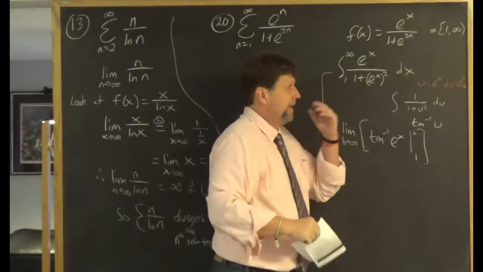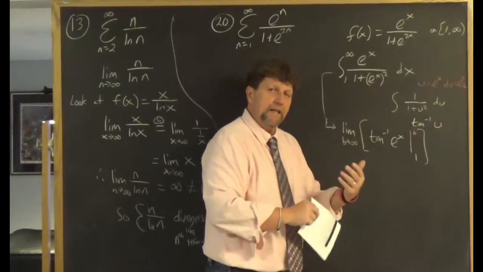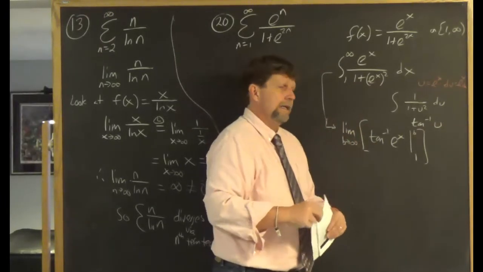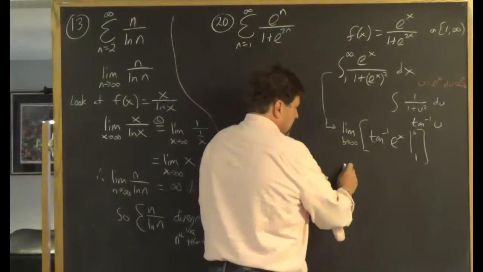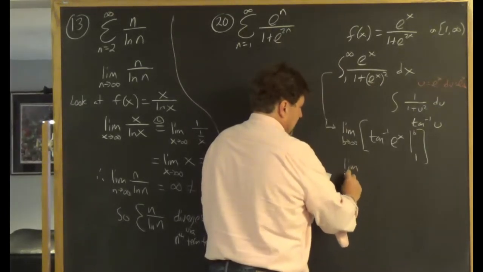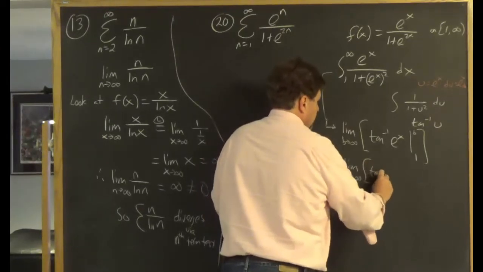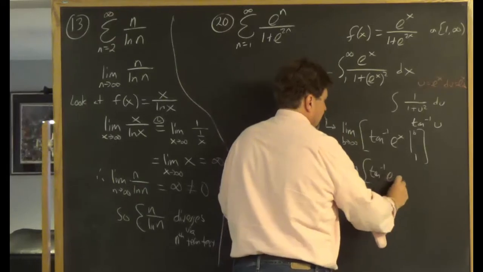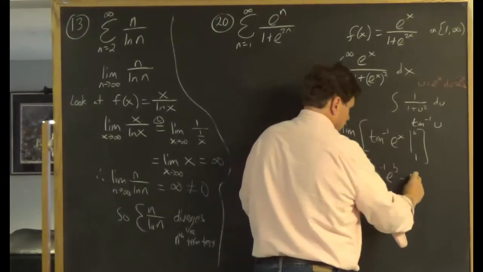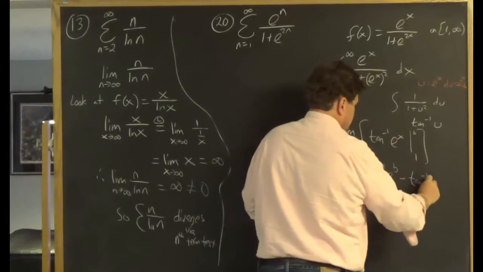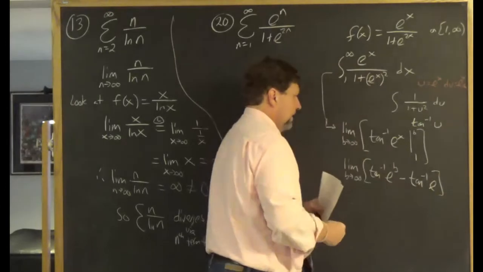I kind of skipped the step of rewriting this as the limit as b goes to infinity of the integral from 1 to b of e to the x over 1 plus e to the x squared. So let's try to get this limit. As b goes to infinity, this is inverse tangent of e to the b minus inverse tangent of e to the first power. So that's just inverse tangent of e.